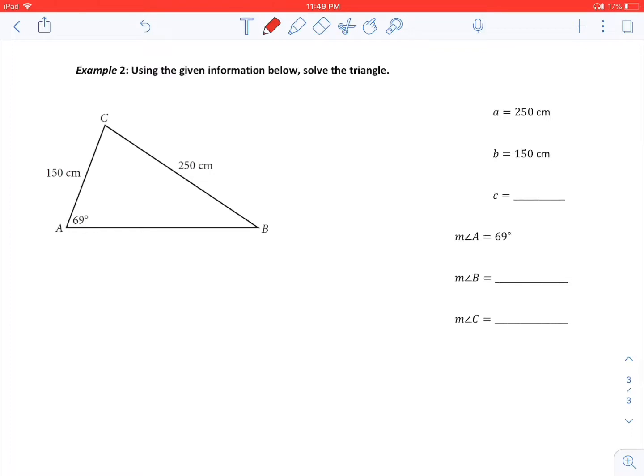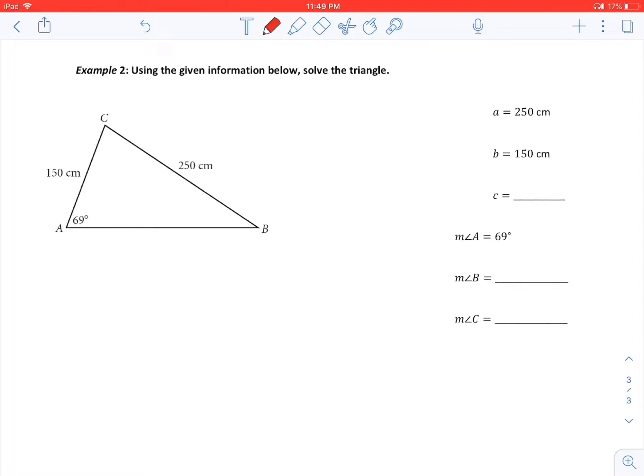Just reminding you that whenever you're finding an angle measure using trigonometry, you'll end up needing to use at some point in the problem an inverse trig function in order to get an output of an angle. The input is a ratio, the output from an inverse trig function is an angle measure. So let's just go ahead and go for it.